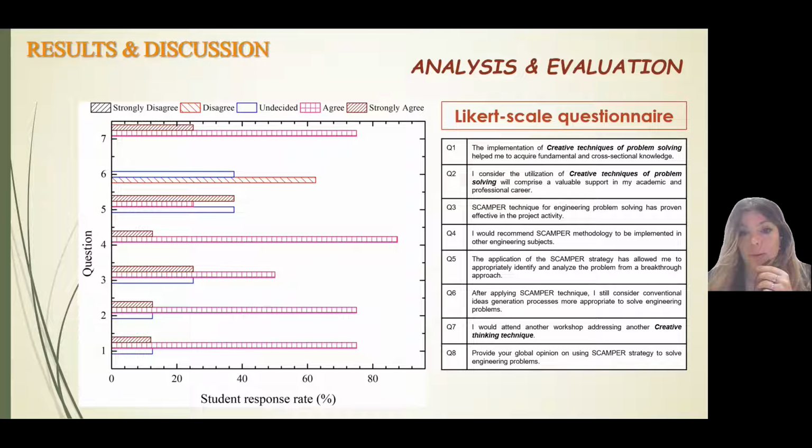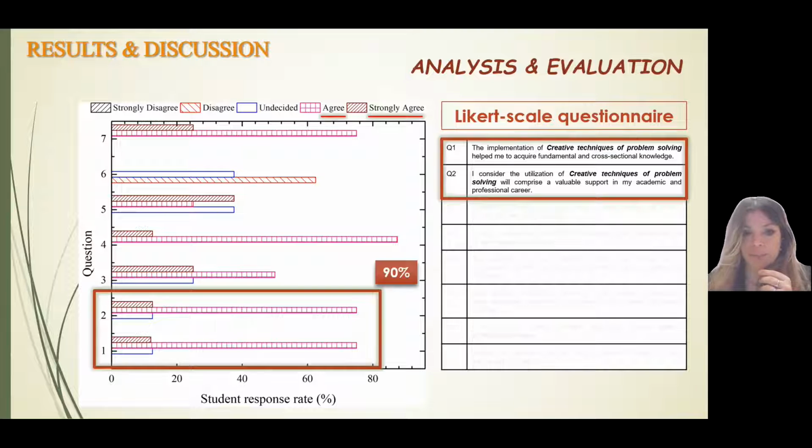Well, moreover, overall student satisfaction regarding the applicability of Scamper techniques was evaluated by means of a Likert scale questionnaire with 5 levels, namely strongly disagree, disagree, undecided, agree, and strongly agree.